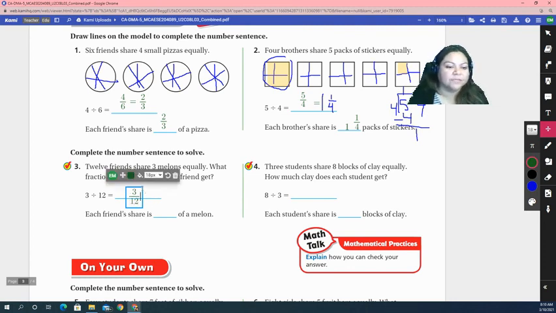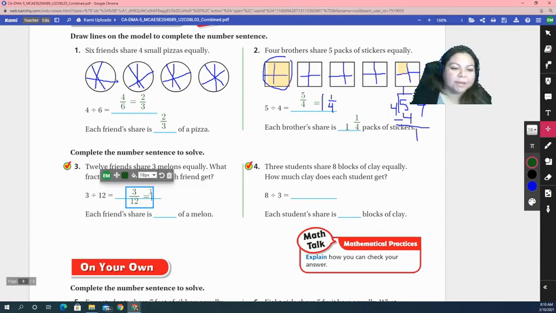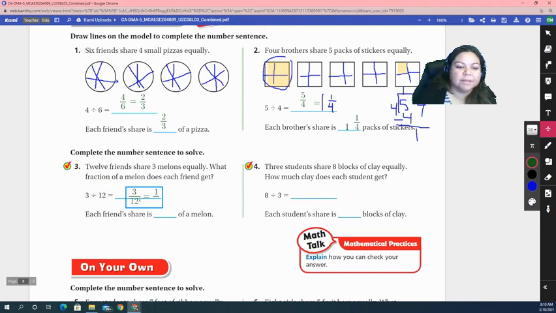So that's 3/12. I know that I can simplify this because I can divide both the numerator and denominator by 3. 12 is a multiple of 3. So 3 divided by 3 is 1, and 12 divided by 3 is 4. So each friend's share is 1/4 of a melon.